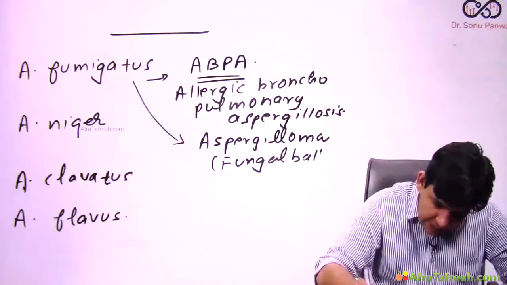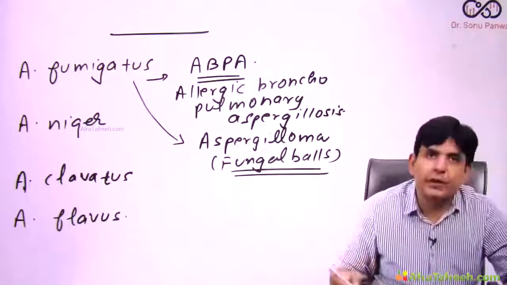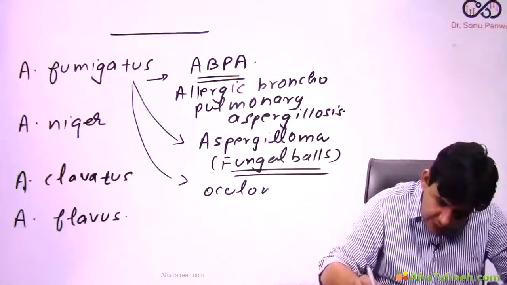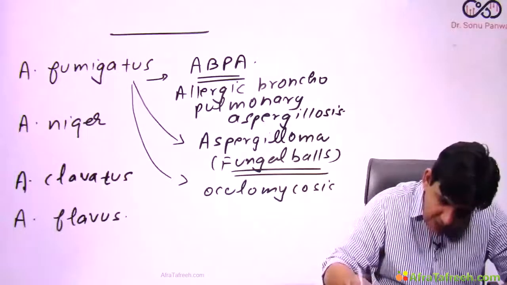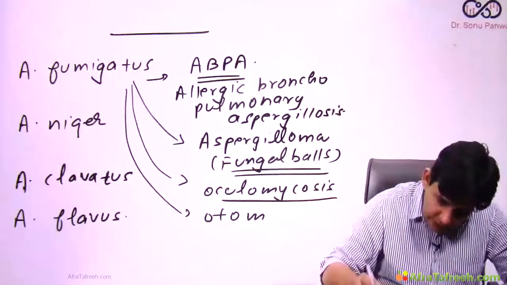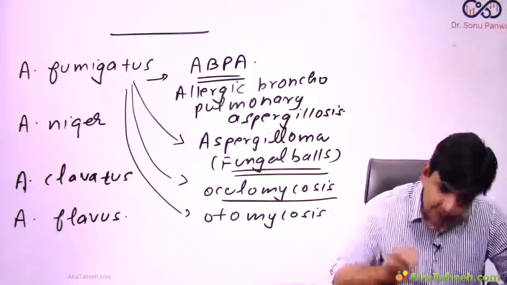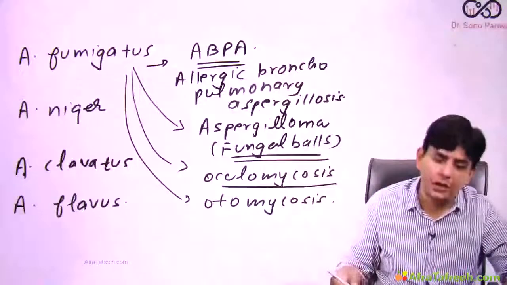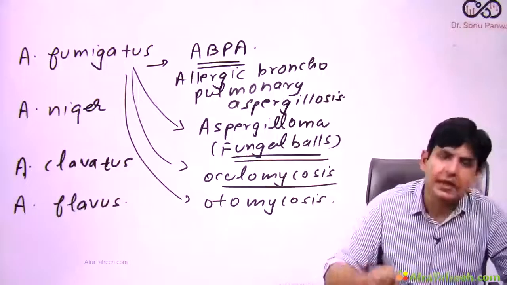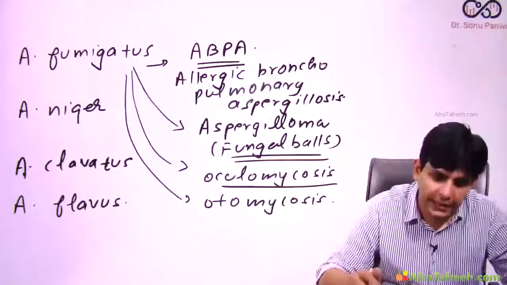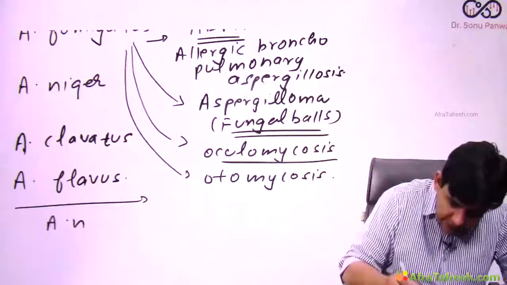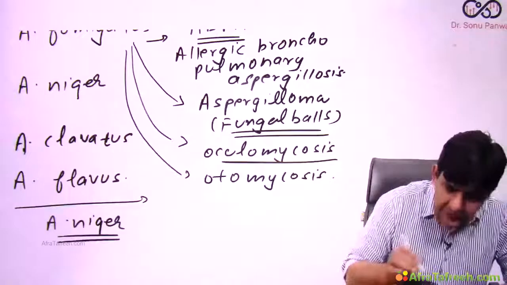And this is also associated with oculomycosis and otomycosis. Oculomycosis and otomycosis, aspergilloma and ABPA are mainly caused by Aspergillus fumigatus.